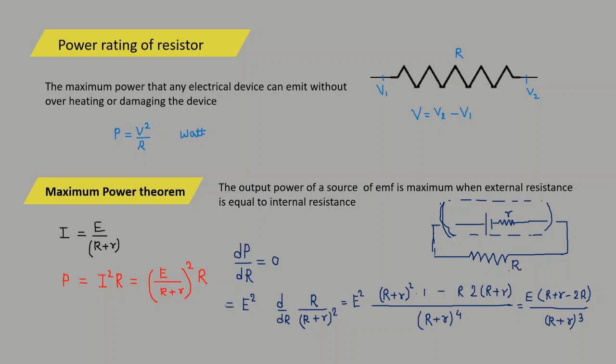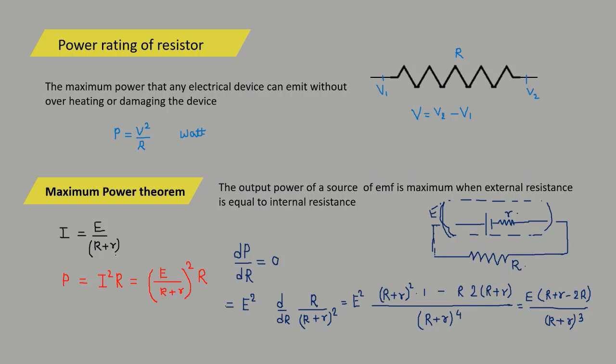So we can say that capital R and small r are in series, and thus we obtain the value of current as E, that is the EMF value, divided by capital R plus small r.